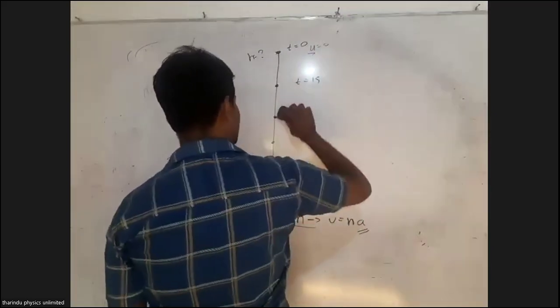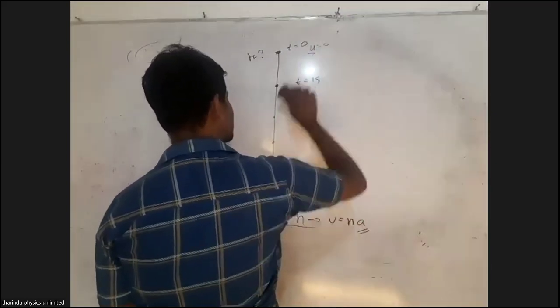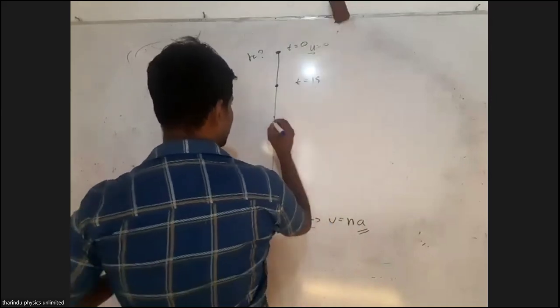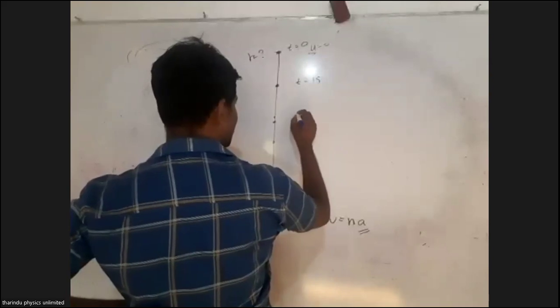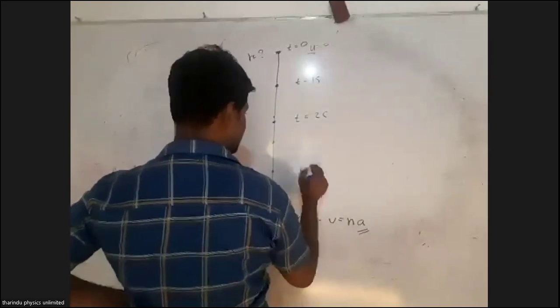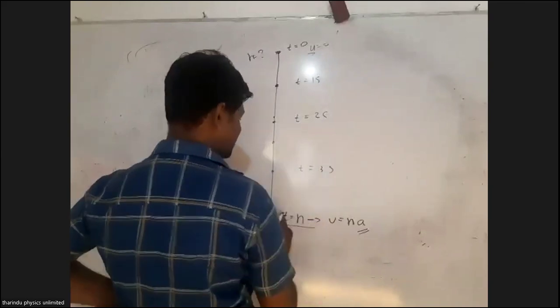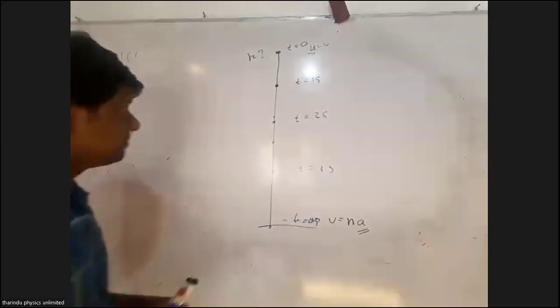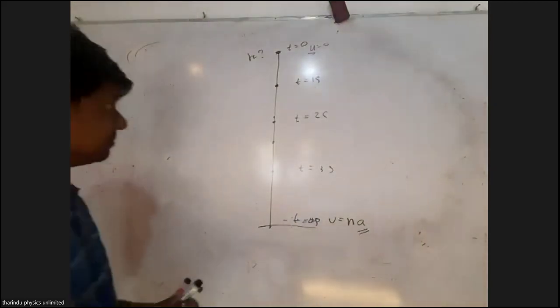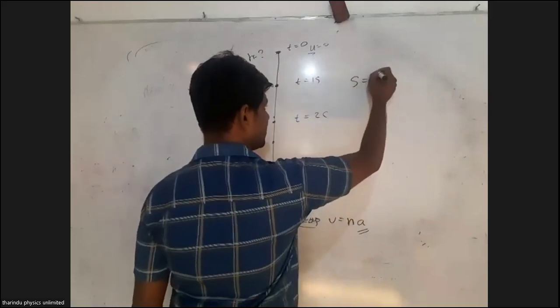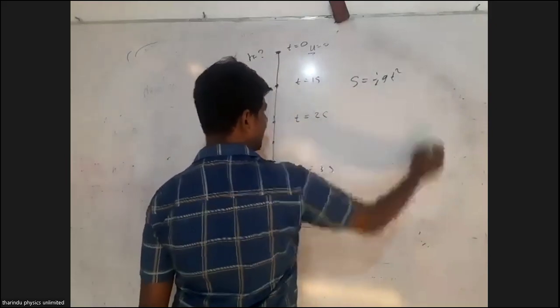For 1 second. Now it is about the displacement. I am not going to take it up in this manner. You have to show like t equals 2 seconds, t equals 3 seconds, t equals 4 seconds. Let's find out the displacement in each case. S equals half g t squared.